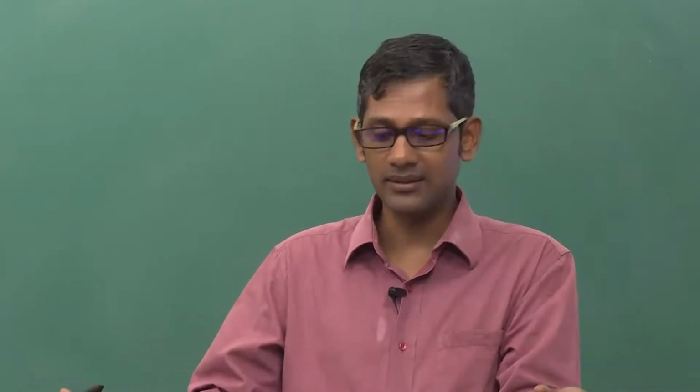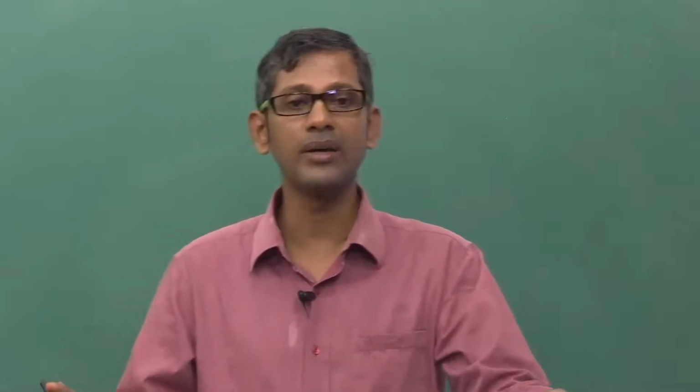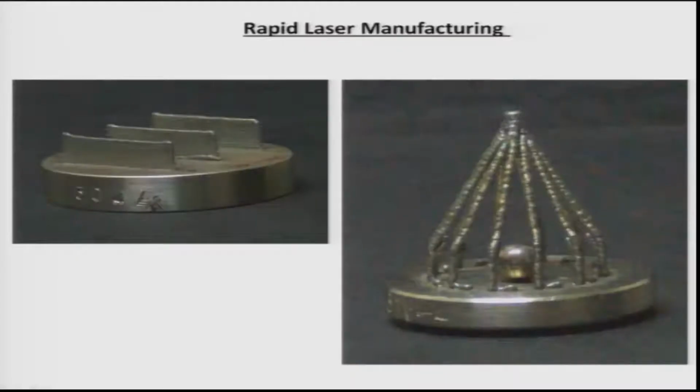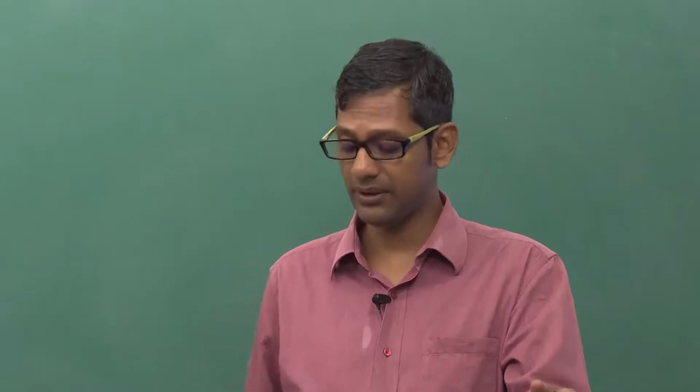Nowadays this is used for metals. We use a laser to build a layer structure. You can see here the laser beam has been used to produce such a structure in which everything is produced layer-wise, and this is again done using solidification because we use powder as a source, melt it down and then produce these layer structures. Thus rapid prototyping of metals uses solidification as a tool to create different kinds of structures.